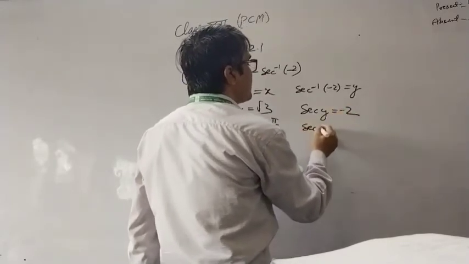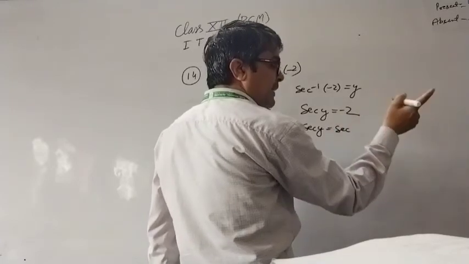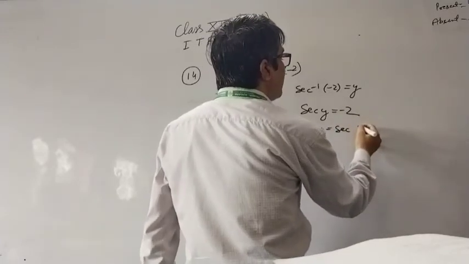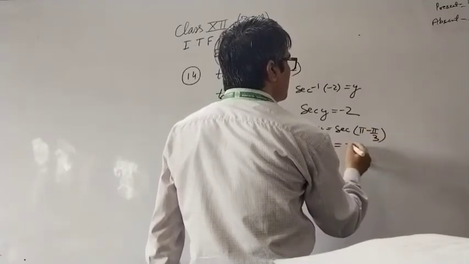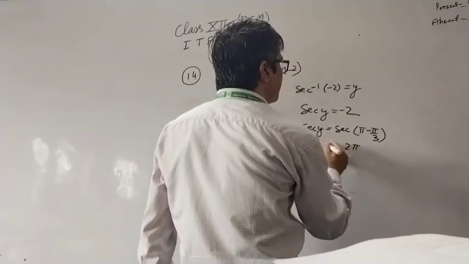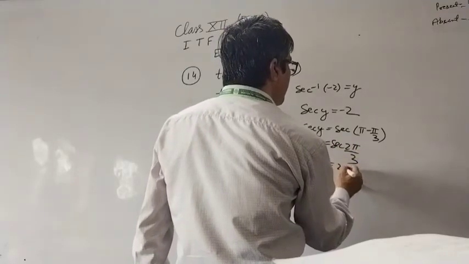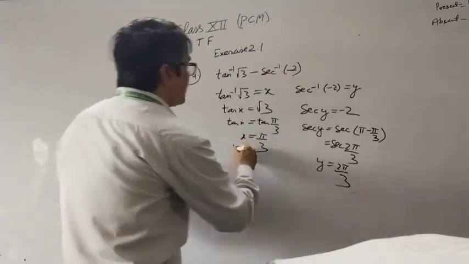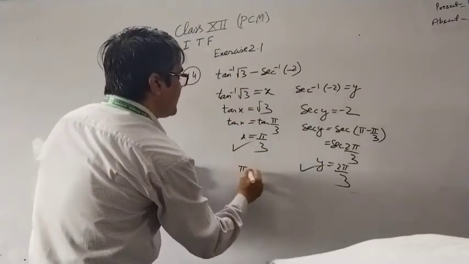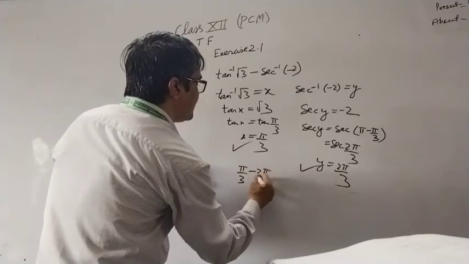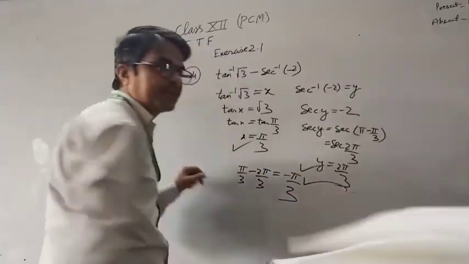So sec y is equal to sec of pi minus pi by 3, which is equal to sec 2 pi by 3. So y is equal to 2 pi by 3. You have calculated the value of x and y. Just put here pi by 3 minus 2 pi by 3 is equal to minus pi by 3. And this is your answer.